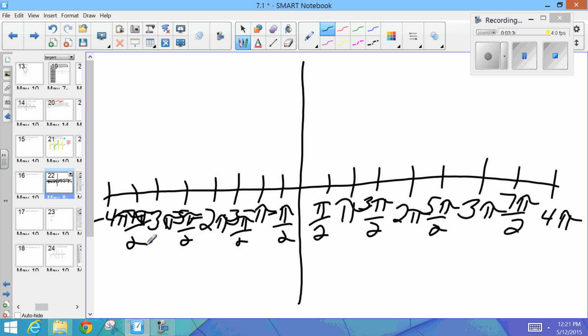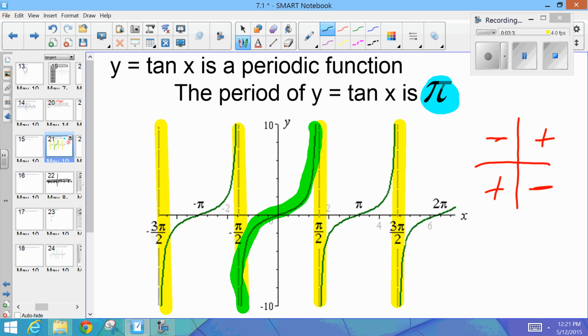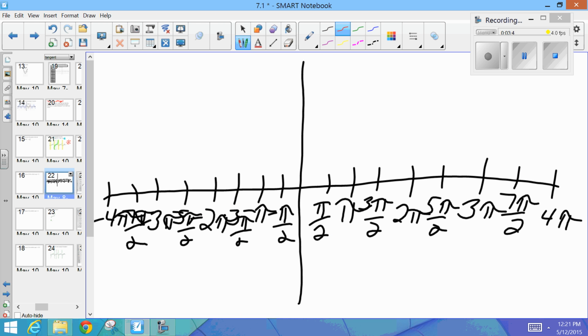All right, as we said in the graph of tangent, there are vertical asymptotes at odd multiples of pi over 2. Why is that true? Well, that's because the tangent function is undefined at odd multiples of pi over 2. So I've got a vertical asymptote here, here, here, here.